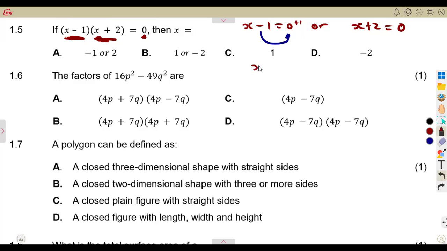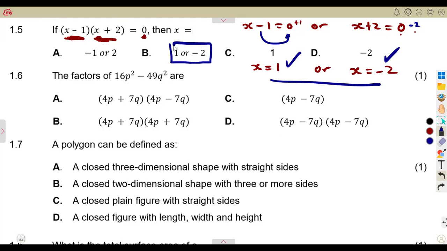So that's 0 plus 1. So x is 1. Or you take the plus 2 to that side. It becomes a minus 2 this side. So x will be equal to 0 minus 2, which is minus 2. So x can be 1 or minus 2. Where are we having 1 and minus 2 at the same time? 1 or minus 2 here. So our answer was supposed to be B.